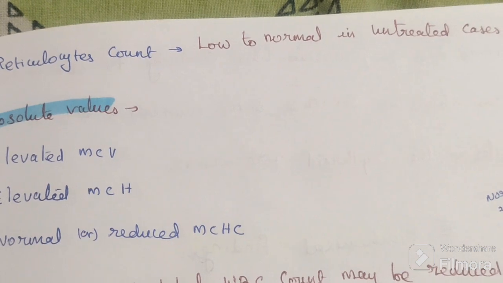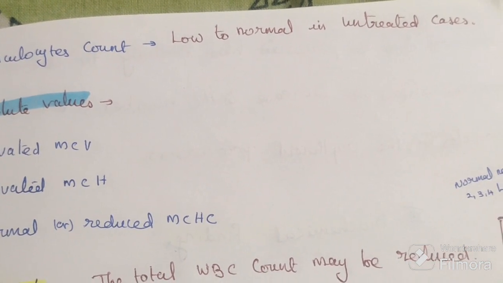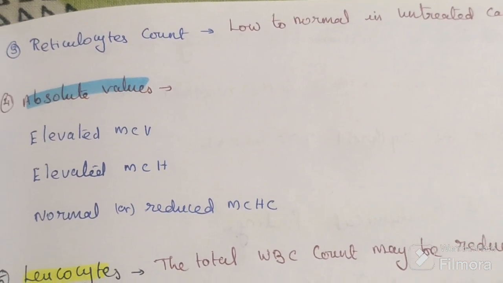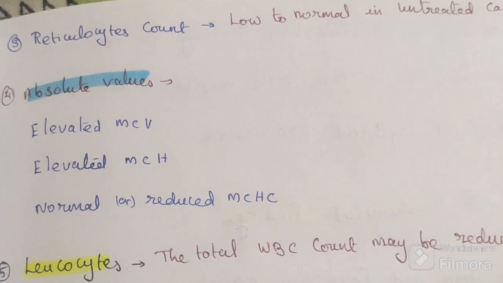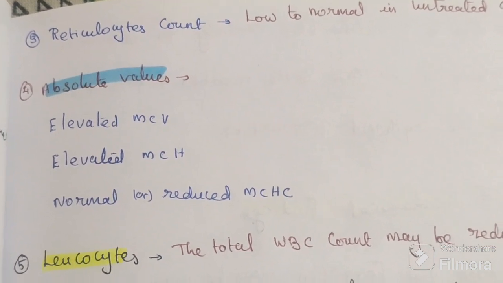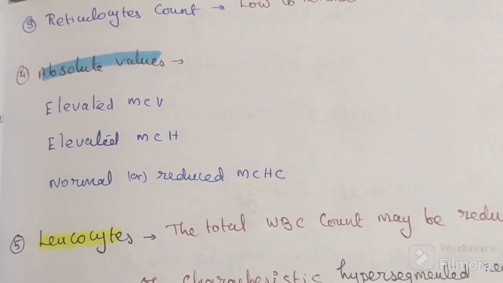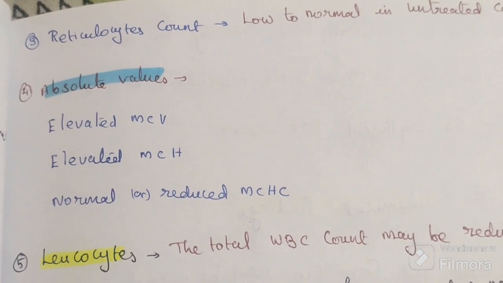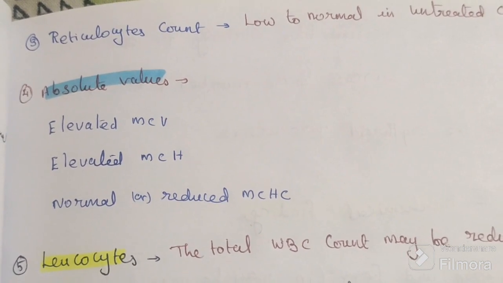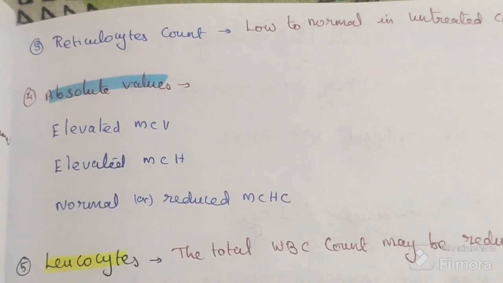Then the reticulocyte count is lower than normal in untreated cases. Then the absolute values: MCV is elevated, MCV above 120 is proportional to the severity of macrocytosis.